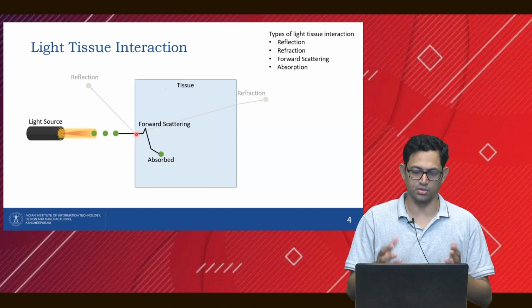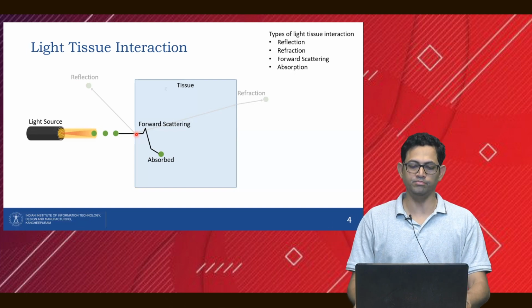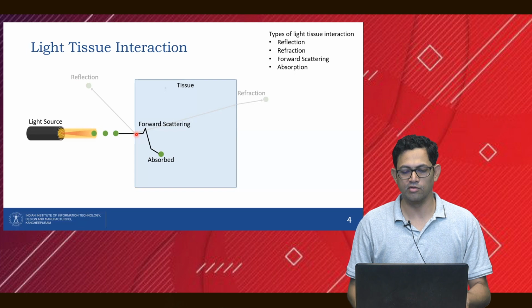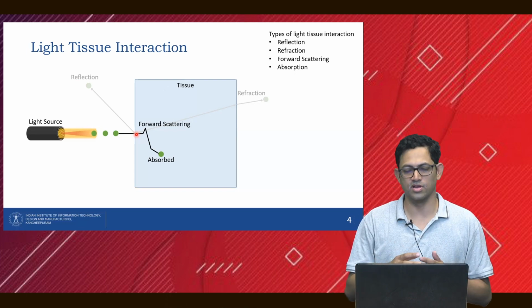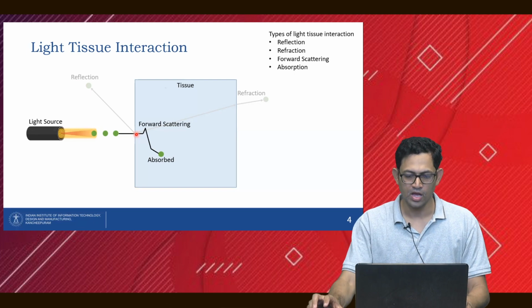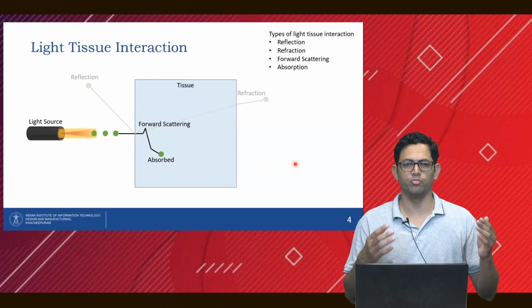So that is the absorption. It will slowly decay inside the tissue before it actually comes out. So this phenomenon involves both the scattering as well as the absorption. Now it could happen that in addition to the forward scattering, there could also be backward scattering.